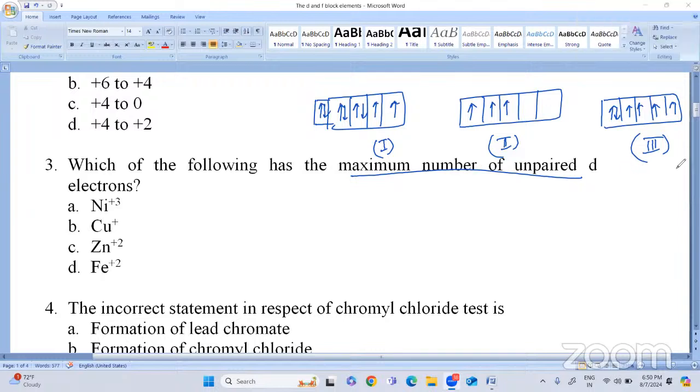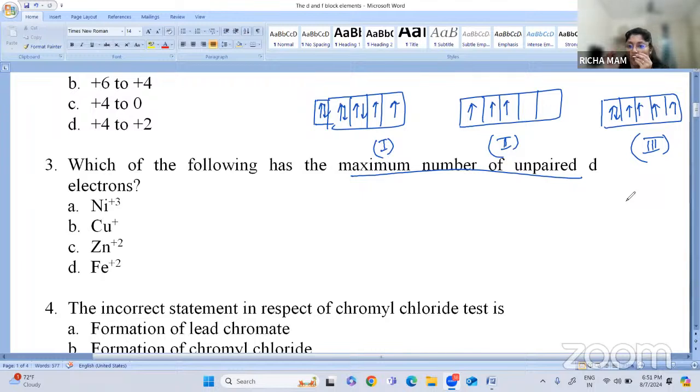In the second, there are more unpaired electrons. Yes, ma'am. There is no unpaired electron. But in third, there are only 2 paired electrons, the others are not paired. No, I want to know which has the maximum number of unpaired electrons.